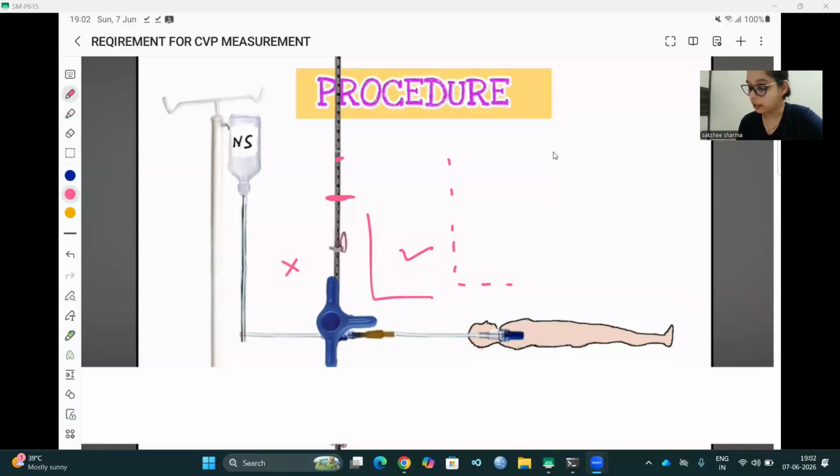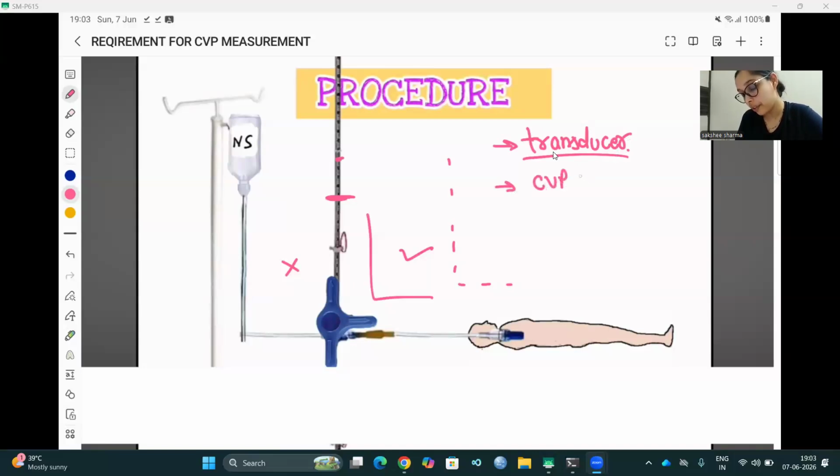There's another method of measuring your CVP, which is by using a transducer, which we will do in the next lecture. With that, we will also continue with the CVP waveform and draw the CVP line.